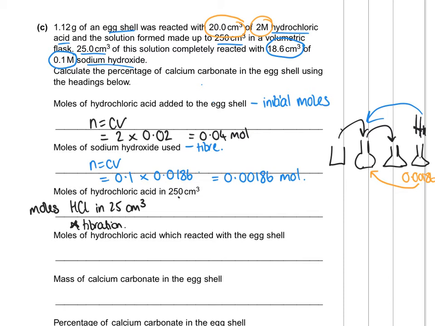To do that we need our titration equation, which is the hydrochloric acid titrated against sodium hydroxide, giving you sodium chloride plus water. We worked out that we had 0.00186 moles of our sodium hydroxide, so that means that reacted with, because it's a 1-to-1 ratio, 0.00186 moles of hydrochloric acid.